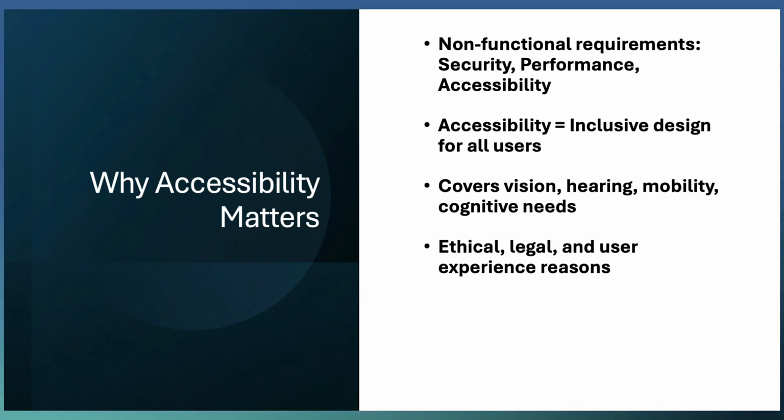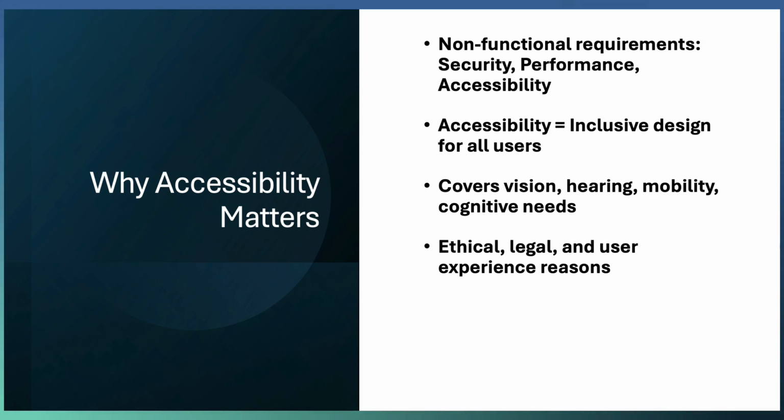So what exactly is accessibility in the context of web development? Accessibility means designing and coding your site so people with special abilities can perceive, understand, navigate, and interact with it.